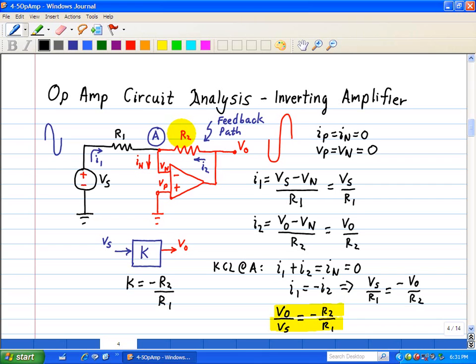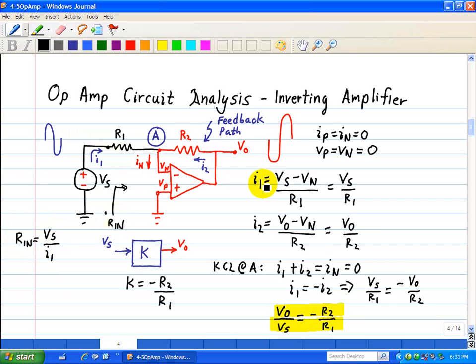So now let's turn to the input resistance seen by Vs. We're looking at this terminal here and here. We want to see what Rin is. Rin is basically the power supply Vs all over I1.